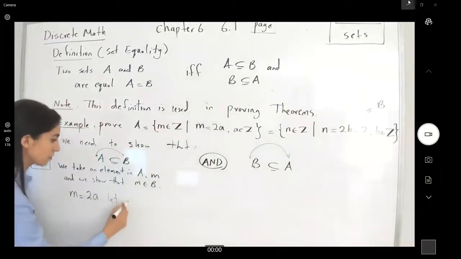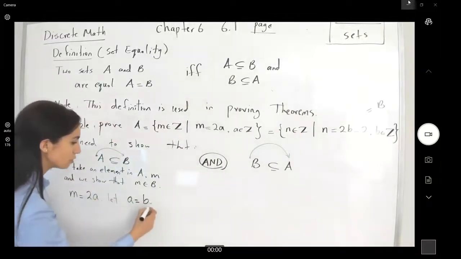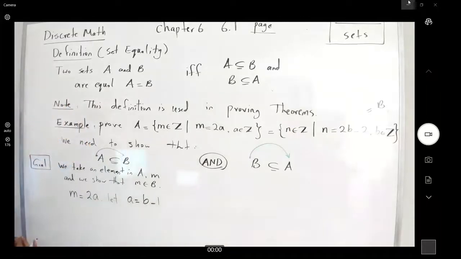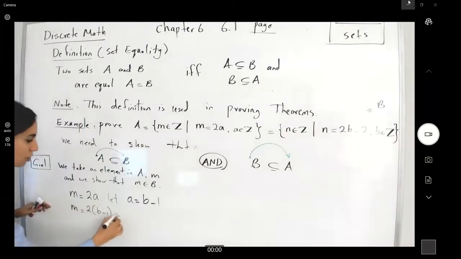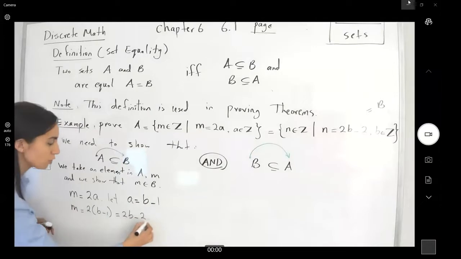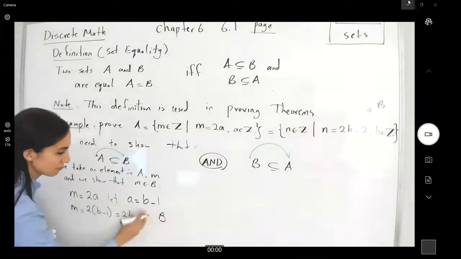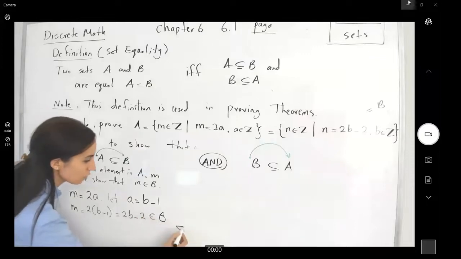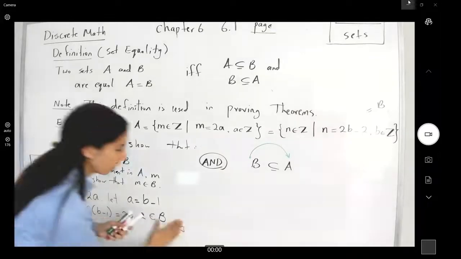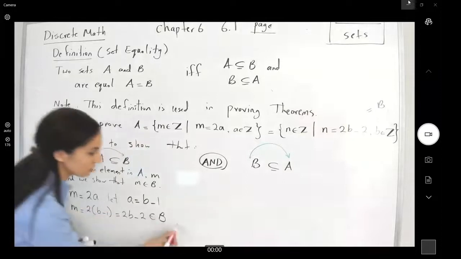Let a be equal to b minus 1. By direct substitution, M is equal to 2 times (b minus 1), or 2b minus 2, which is in set B. So we're done. Let's put a smiley face. And I'm done with the whole proof.